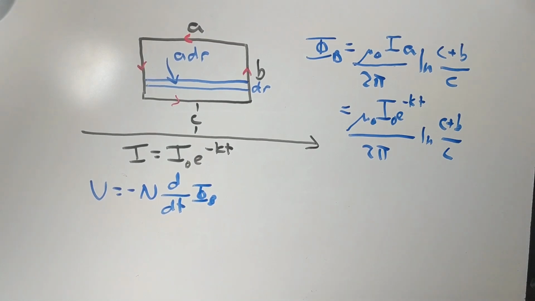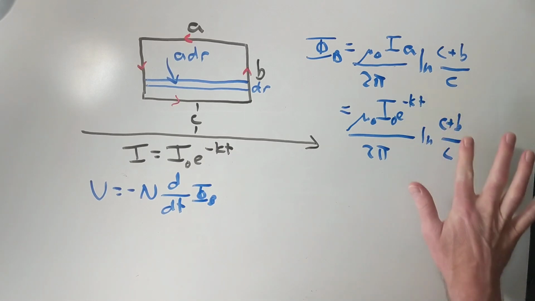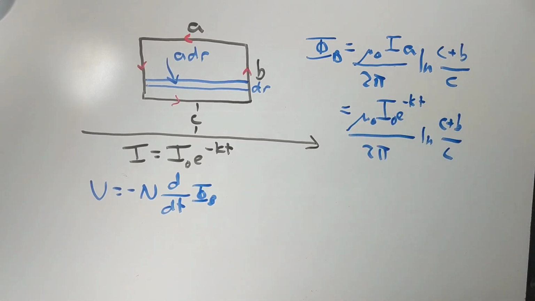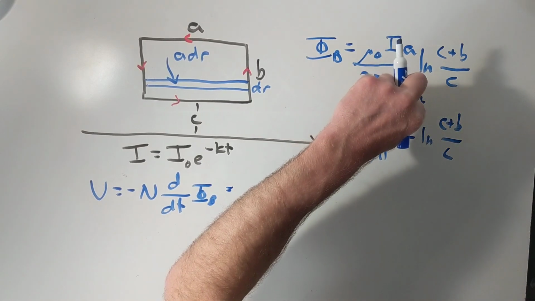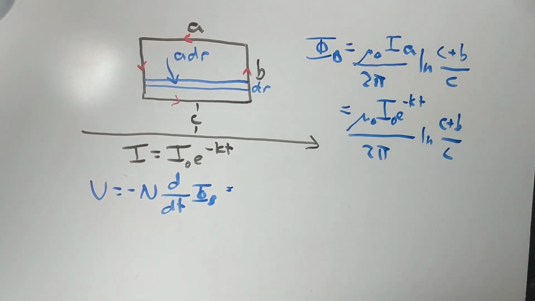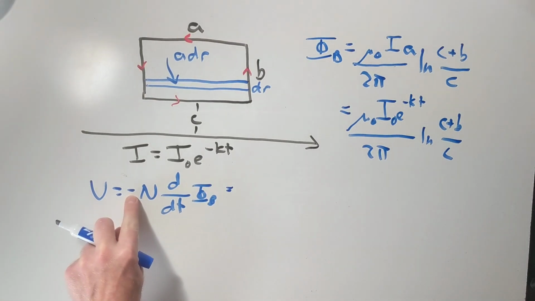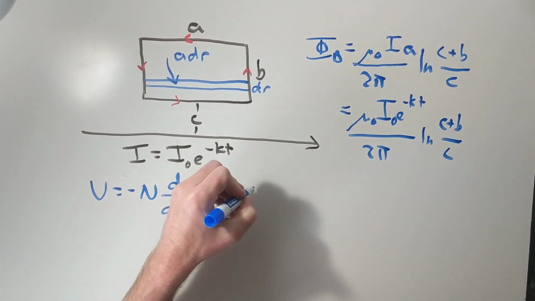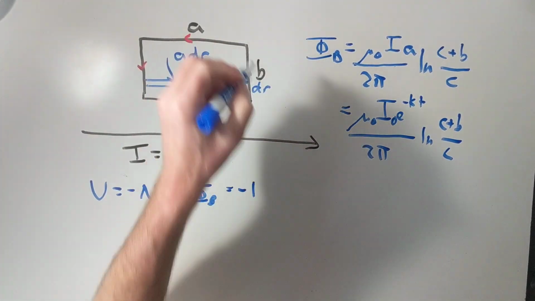The good part about this is everything else is a constant except the e to the negative kt. So all this natural log business is a constant, this is a constant, this is a constant, 2 pi is a constant. So almost everything comes out of this unscathed, and I can take the derivative of e to the negative kt and just be done. So what I get from this is negative, and then negative 1, because there's only one loop here.